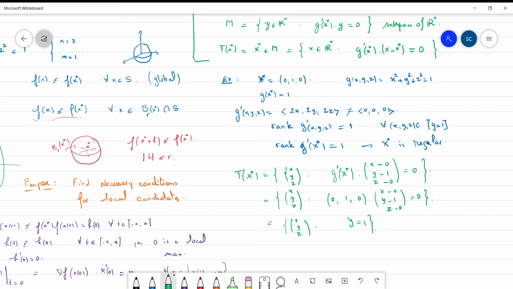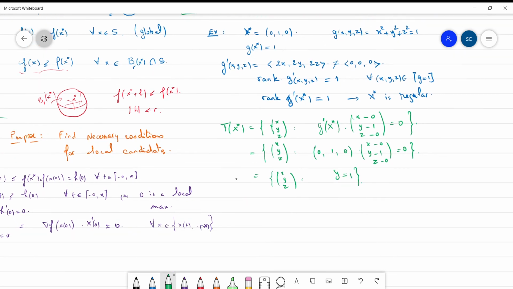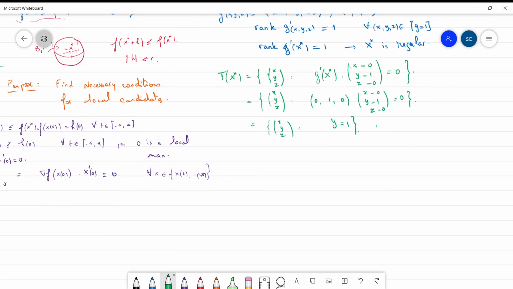Let's have a look. This is the equation of a plane, a vertical plane. If we want to graph it, look at what we have here. We have a sphere, and the point (0, 1, 0) is here.